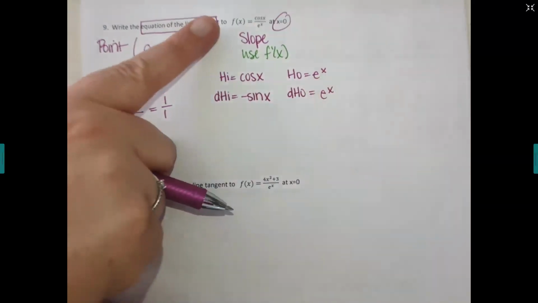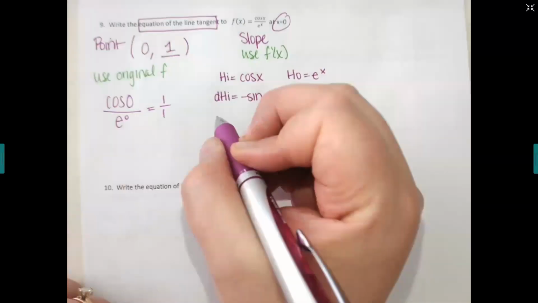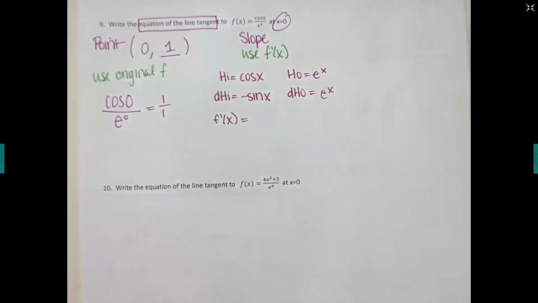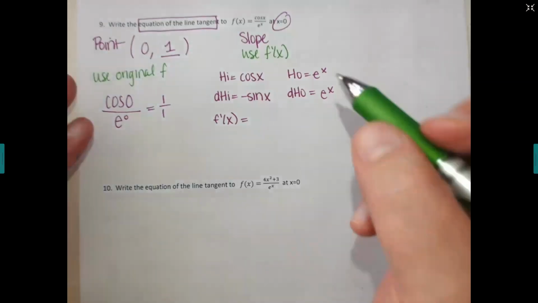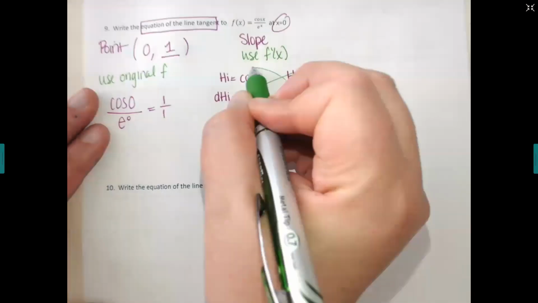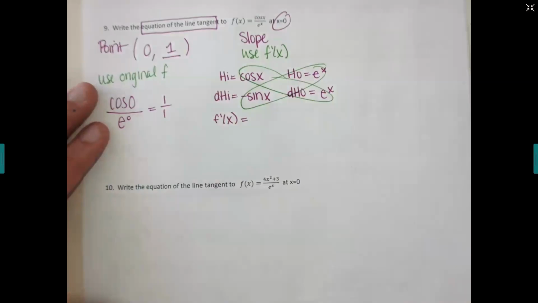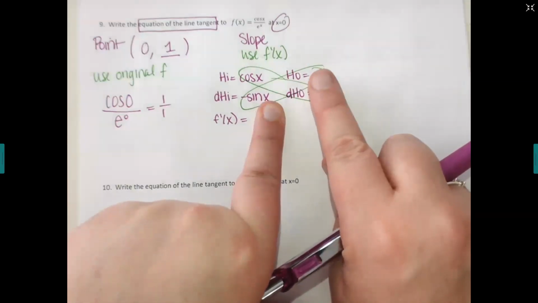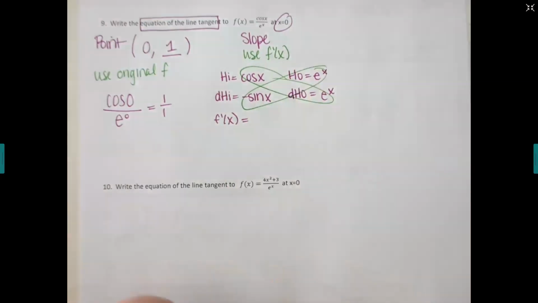And then remember that if this is called f, my derivative will be called f prime. And it's ho d high minus high d ho. Ho d high is this diagonal. So I'll do e to the x times negative sine x.